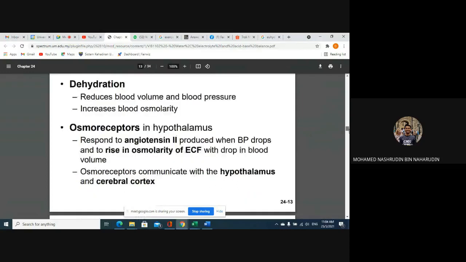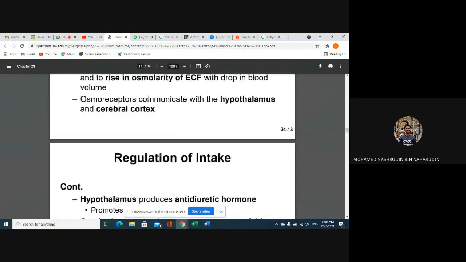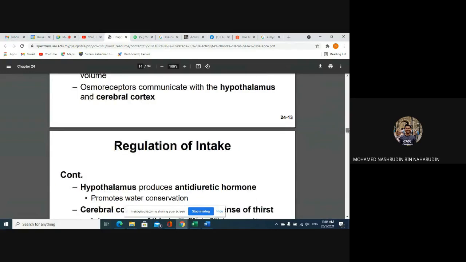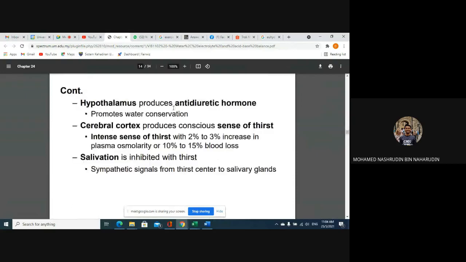So osmoreceptors communicate with the hypothalamus and cerebral cortex. They communicate with one another. The hypothalamus produces antidiuretic hormone, also called vasopressin, that will conserve water.